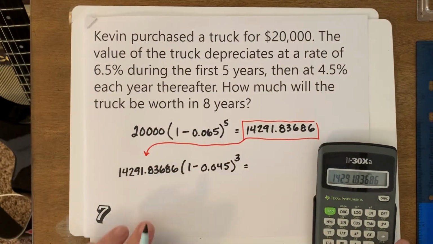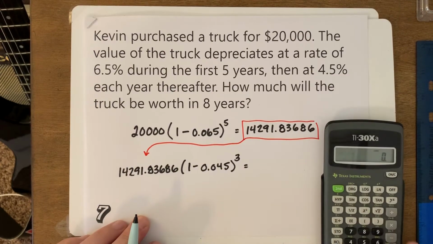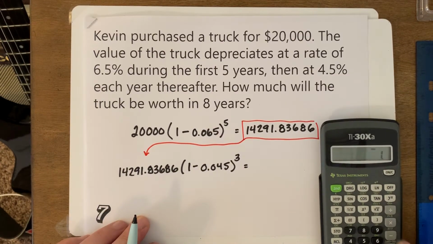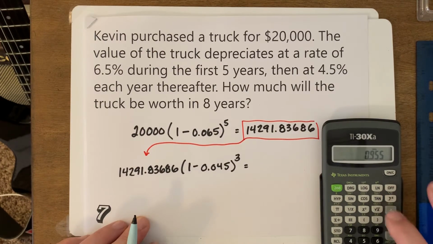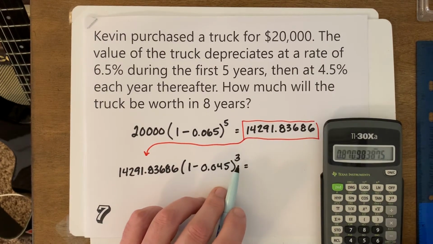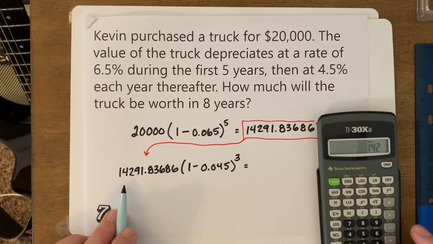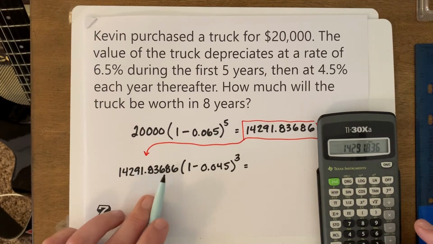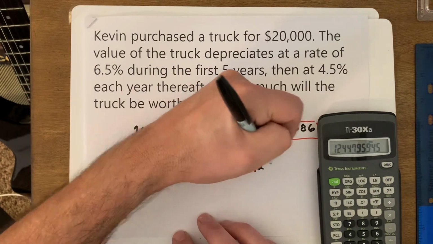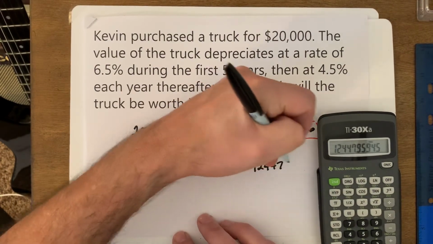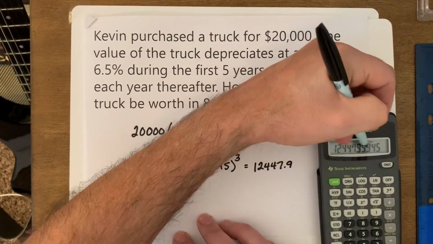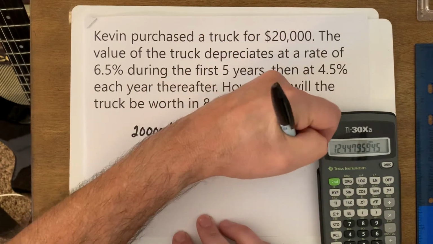All right, so here we go. 1 minus 0.045 equals, raise that to the 3rd power, and now we're going to multiply by 14291.83686 equals, and I get 12447.959, which would really be 0.96.